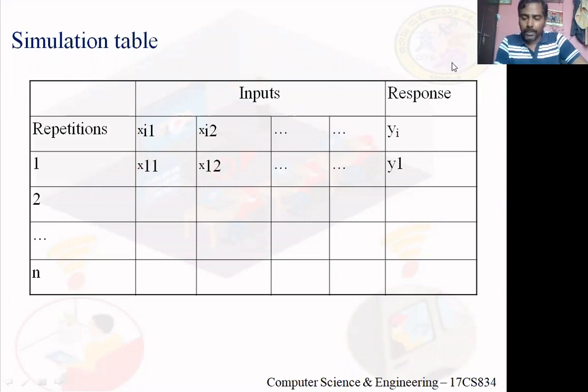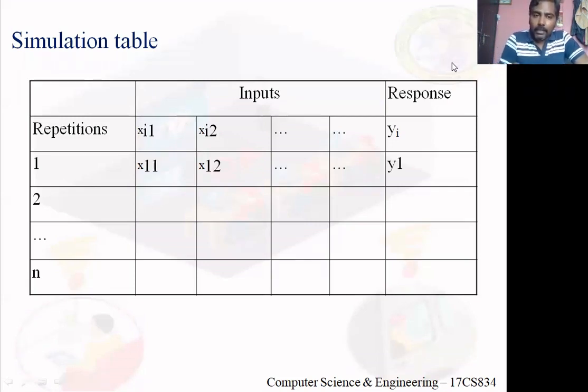Got it? I repeat, to compute the response time of the ith customer, I need to know when the ith customer will arrive. Of course, xi1 will give that data, the arrival time of the ith customer. Apart from that, I need to make use of one temporary column, a temporary variable, that tracks when the ith customer will depart.